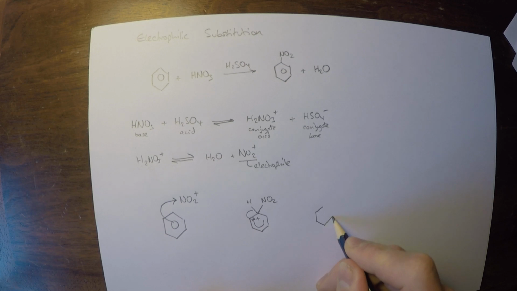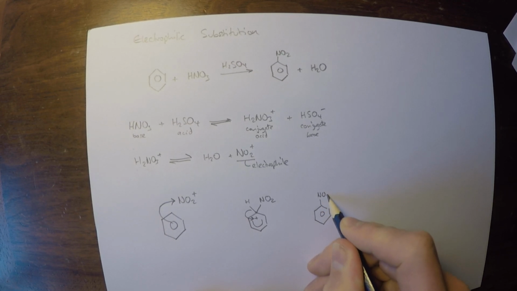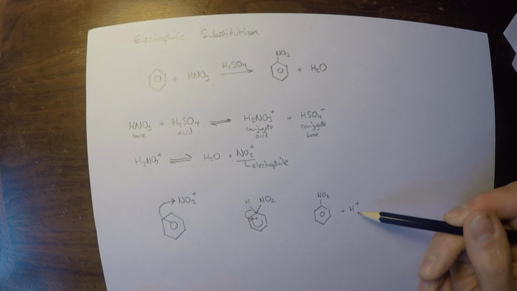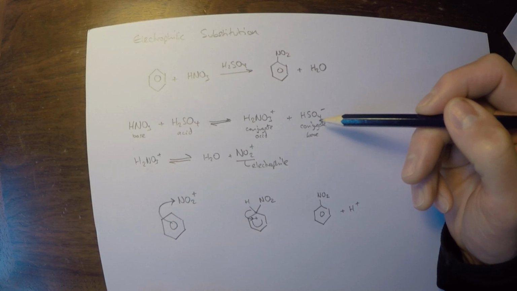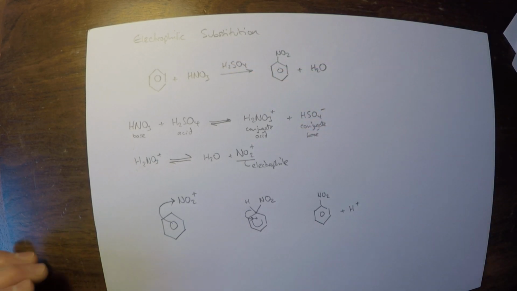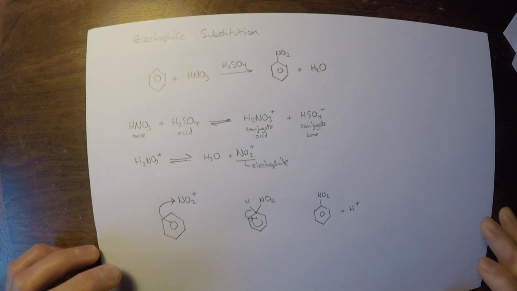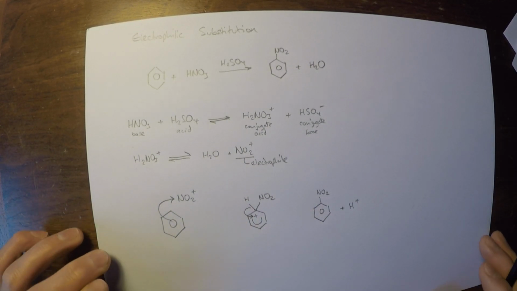So the product that we now obtain is our nitrobenzene and an H+ ion. Now this H+ ion will rejoin the hydrogen sulfate ion which we produced above, and therefore will regenerate the sulfuric acid, which is therefore acting as a catalyst in this process. It's not consumed. So the production of nitrobenzene follows this electrophilic substitution mechanism.